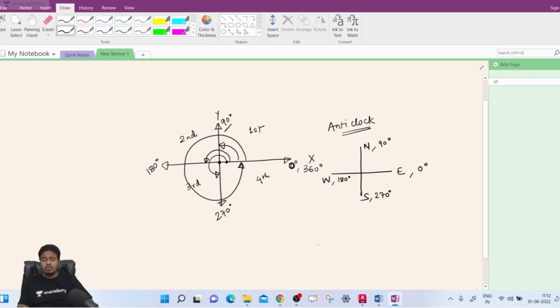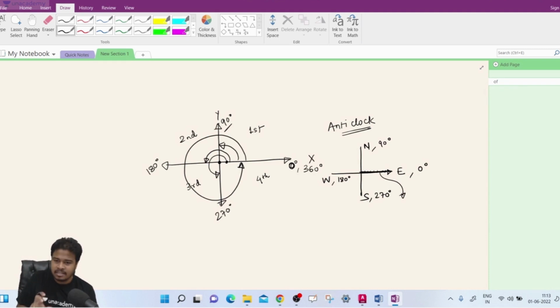So, which line is taken as our baseline? This is the baseline. From here, we start measuring angle. So AutoCAD will also take this as my base angle, or you can say from here our angles will get calculated. So from this line.